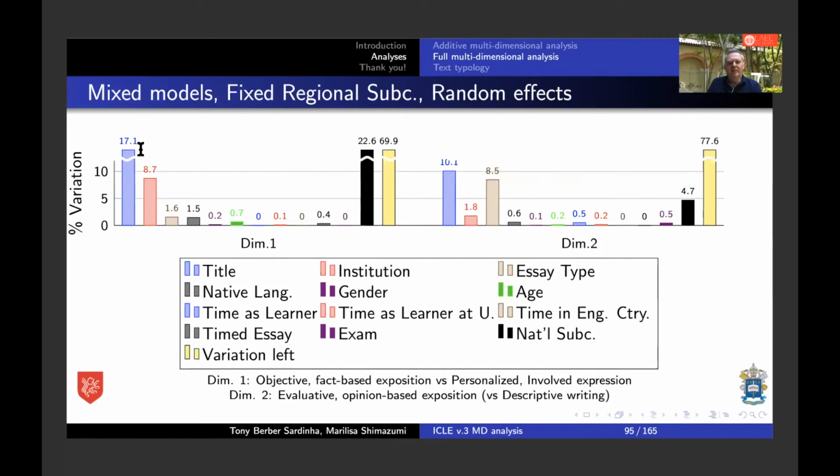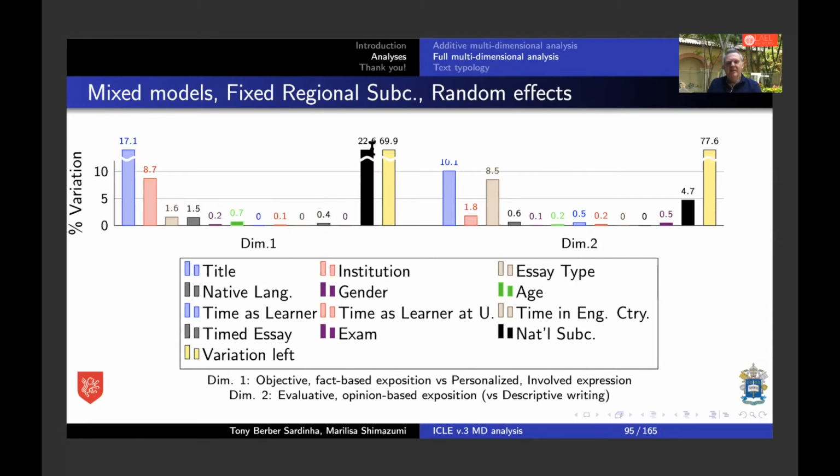The title plays a big role in whether students are going to write more objectively or in a more personalized way. For dimension one, 17% of the variation is accounted for by that. Then the institution, the school where they are at, influences that quite a bit. All these other factors, not very much.